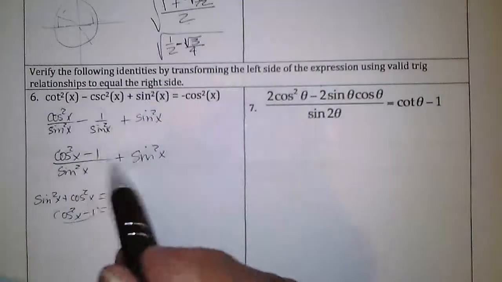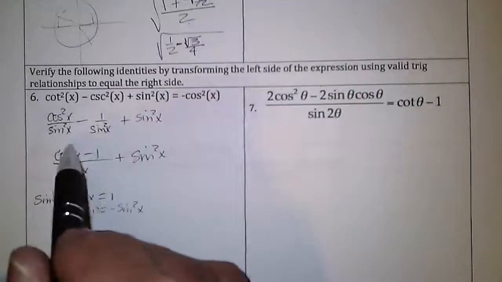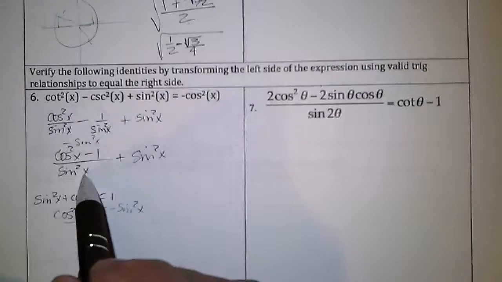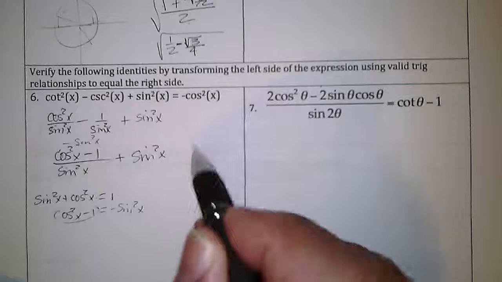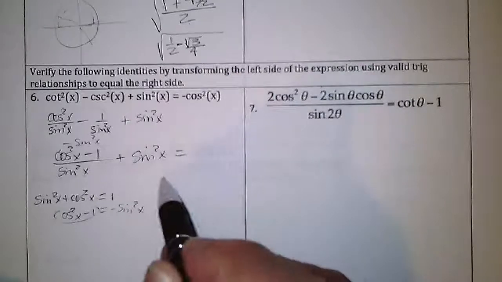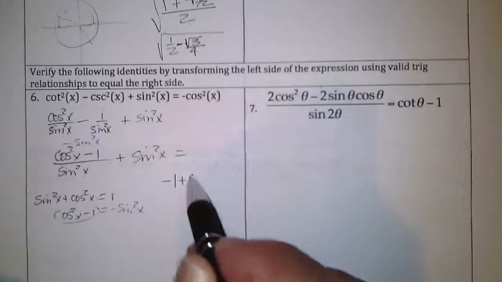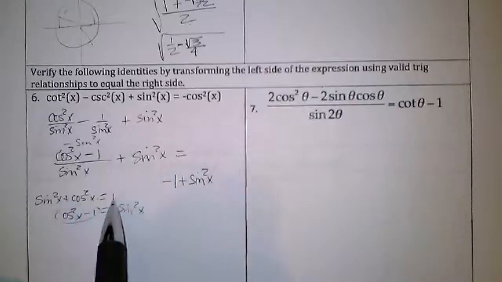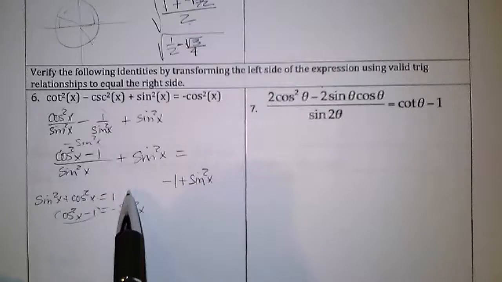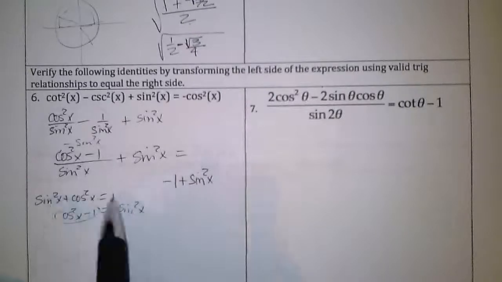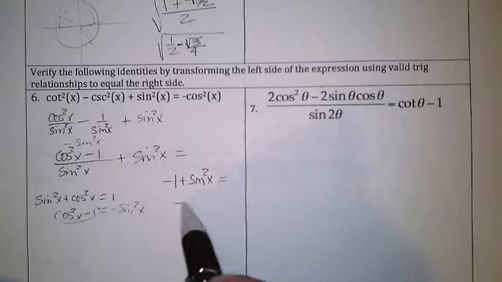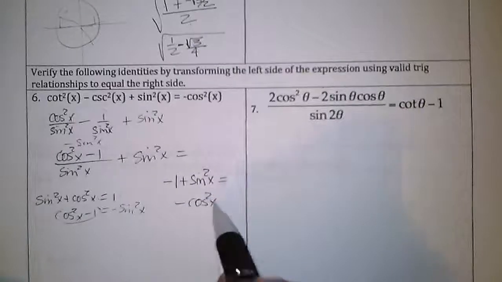So this would be negative sine squared over sine squared, which is just negative 1. So we'd have negative 1 plus sine squared x. And then looking at this, negative 1 and moving the cosine squared over, this would be negative cosine squared, and it'd be negative 1 plus sine squared. So this is equal to negative cosine squared x.